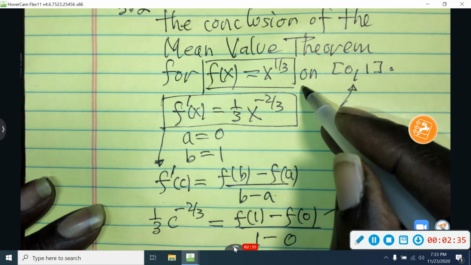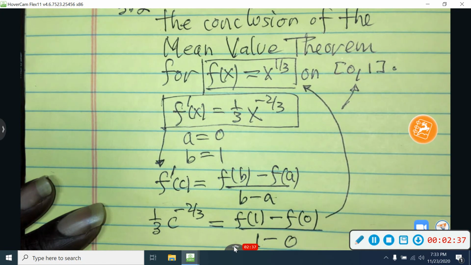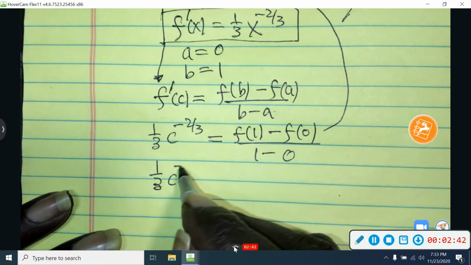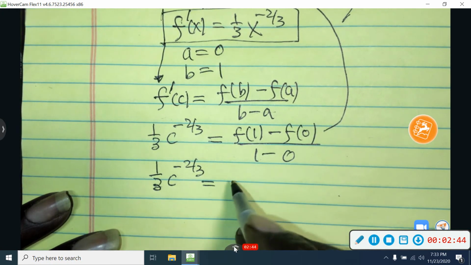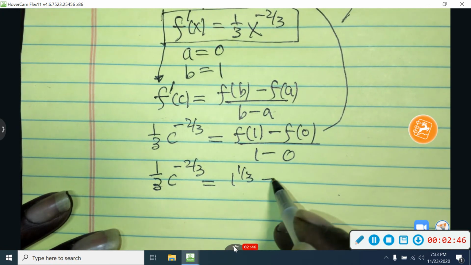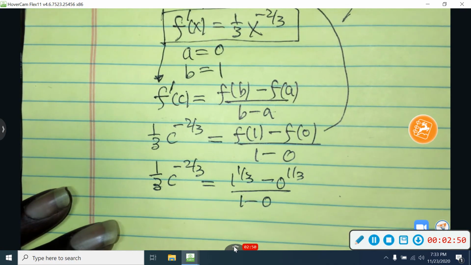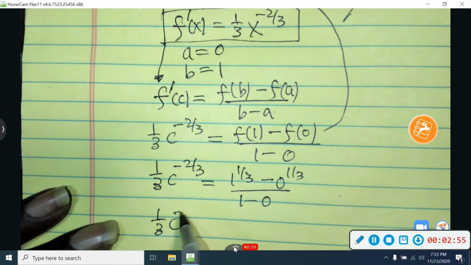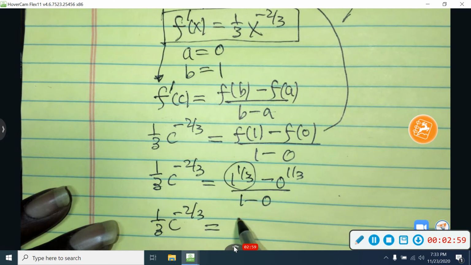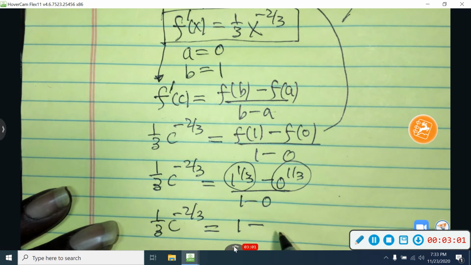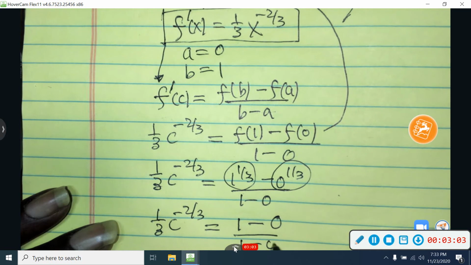To do this, you got to go back up to f and put them into f, so 1/3 c to the minus 2/3 is 1 to the 1/3 minus 0 to the 1/3 over 1 minus 0. 1 to the 1/3 is 1, 0 to the 1/3 is 0, over 1 minus 0.